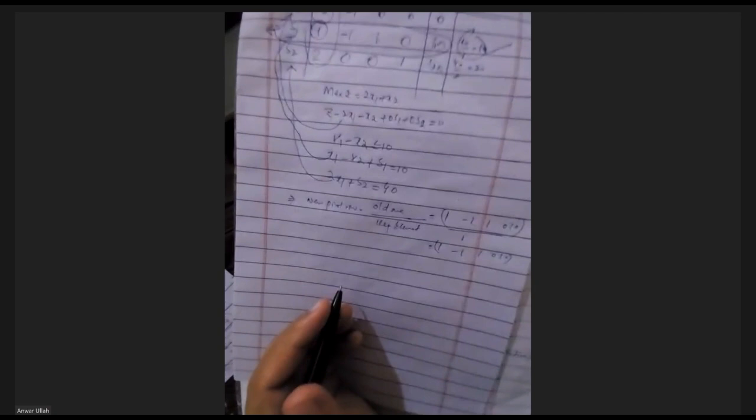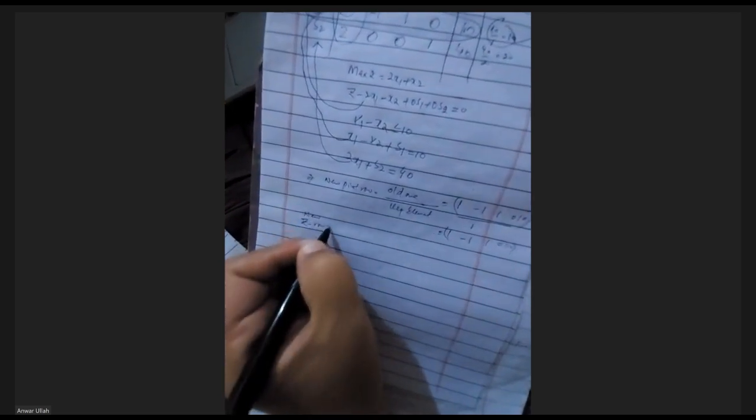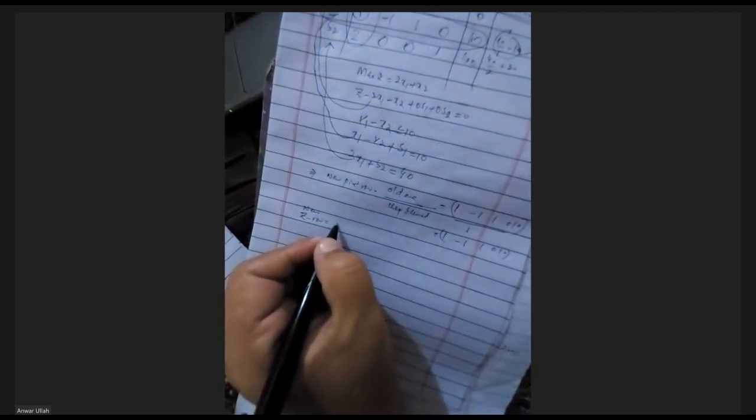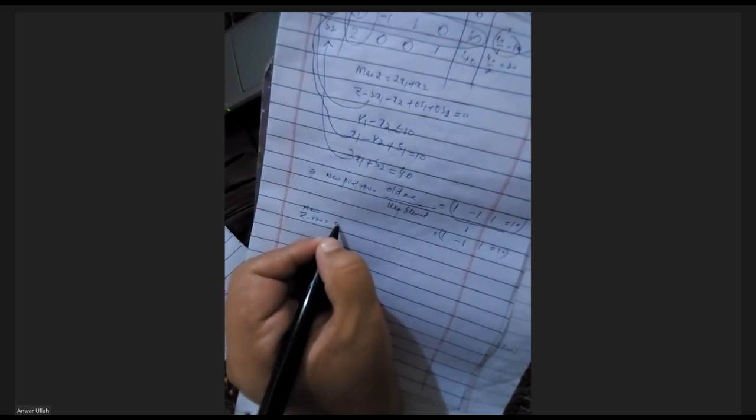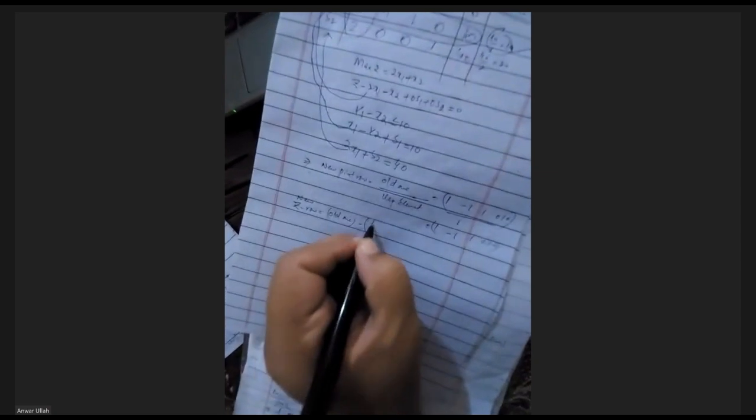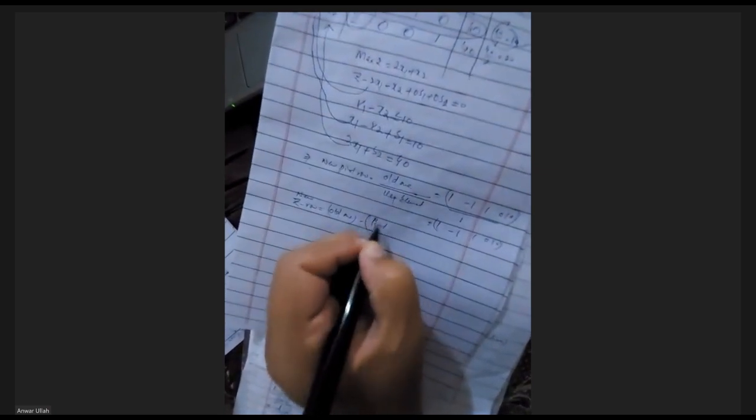It will not change. Now we need to find two other rows. First one is the updated Z row, new Z row, and new S2 row. Now the Z row will be equal to the old one minus pivot column coefficient into new pivot row.